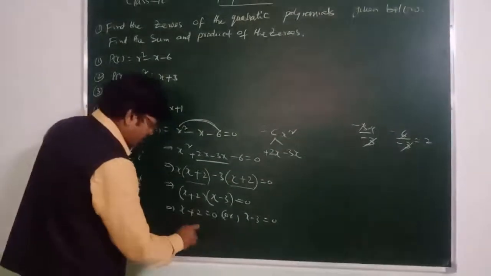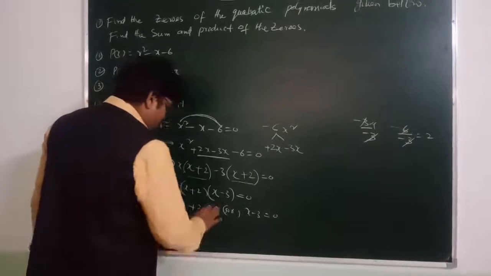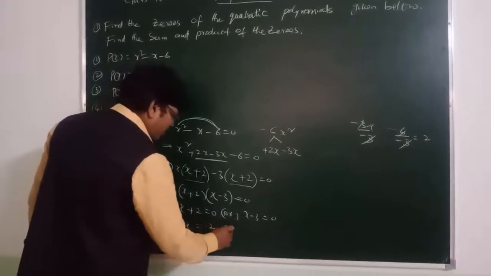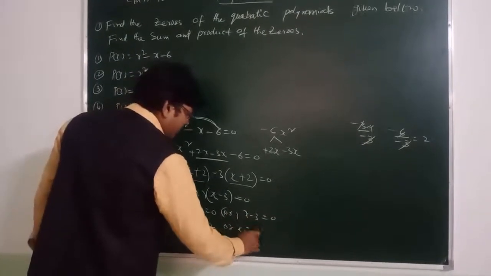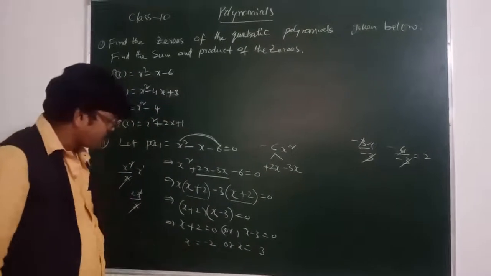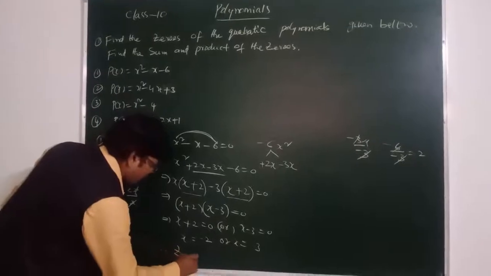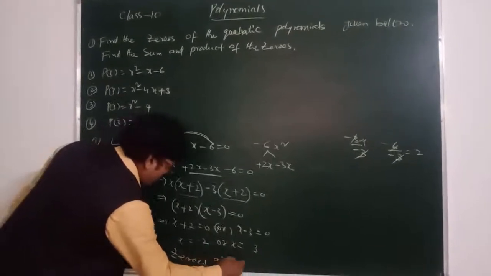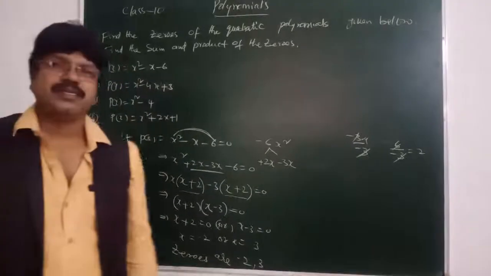Sending plus 2 to the RHS, it is minus 2, or x equal to minus 3, sending to the RHS plus 3. We don't need to write plus. x equal to minus 2, x equal to 3. Therefore, zeros are minus 2 and 3.